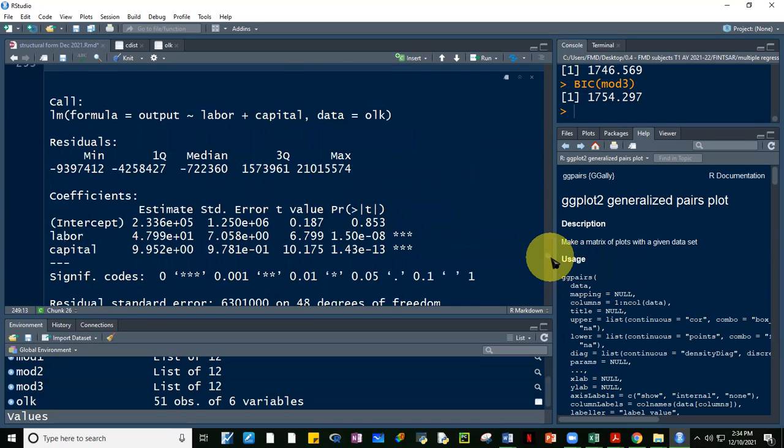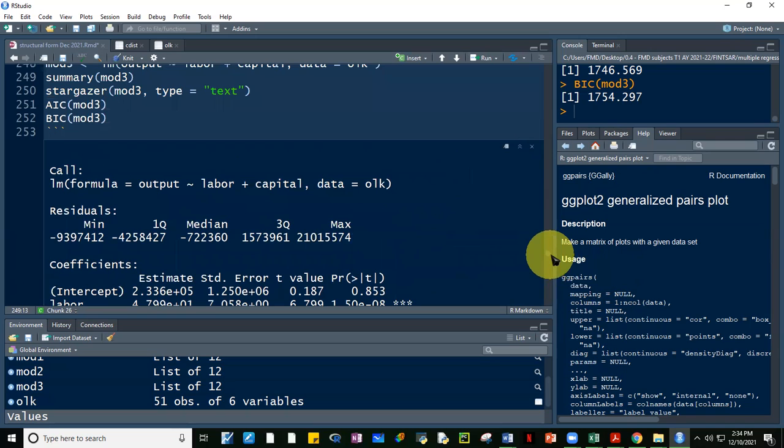So in terms of adjusted R squared, which is better? Model 3, sir.